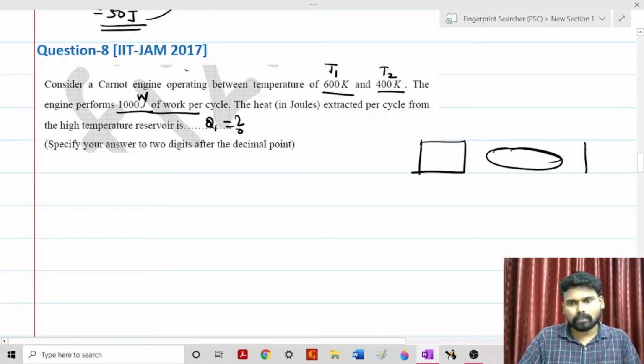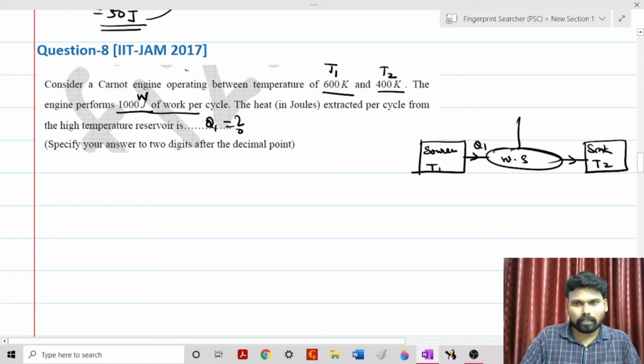There is a source at temperature T1, a sink at temperature T2, and a working substance. The working substance absorbs a heat of amount Q1 from the source and converts a part of Q1 into work, and the remaining part is given to the sink.